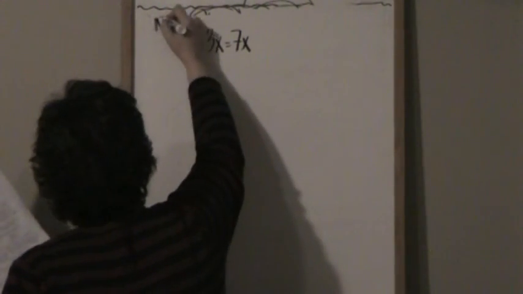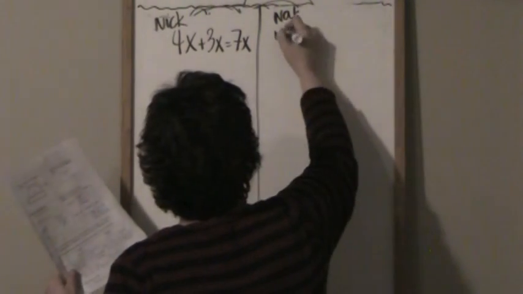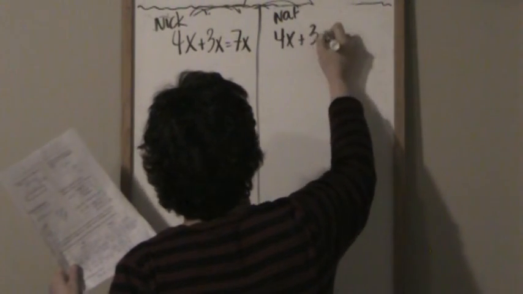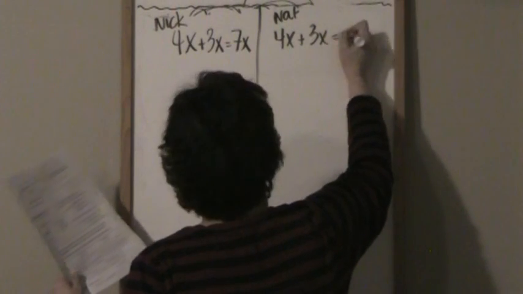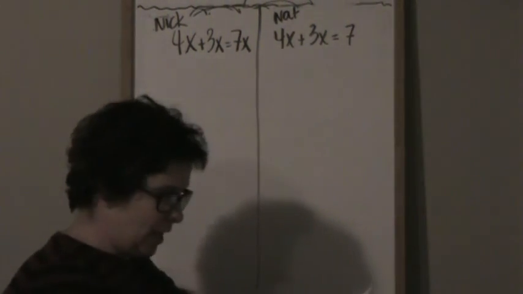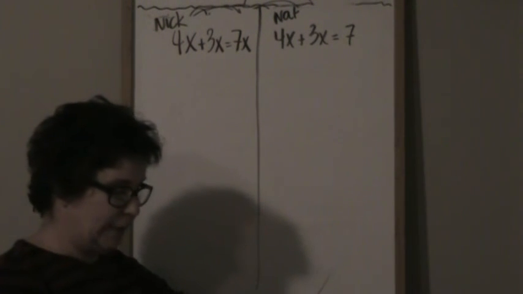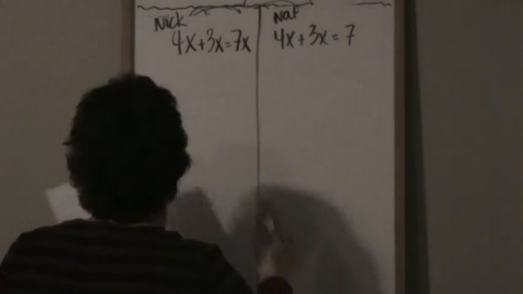Okay, that's Nick. And Natalie says that 4x plus 3x is always equal to 7. Okay? It says part A, use the table below to solve for each of Nick and Natalie's claims with substitution.